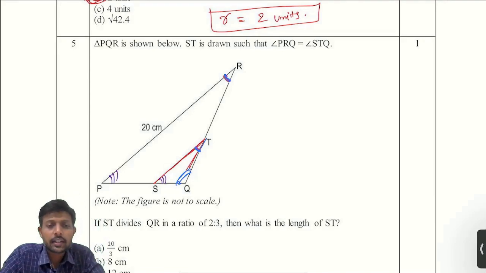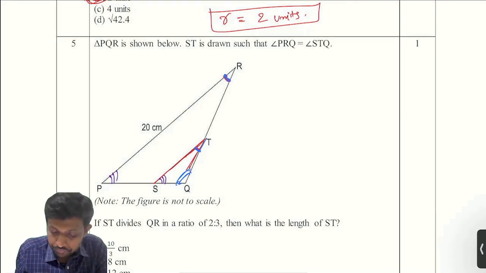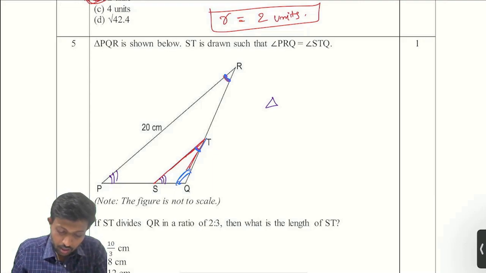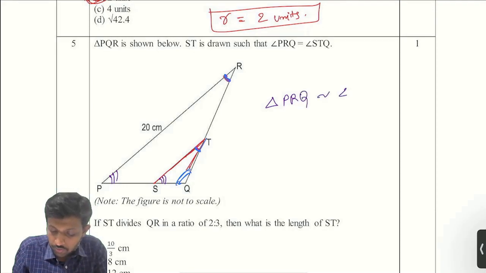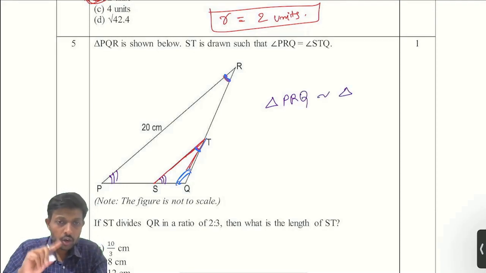If all the three angles of two different triangles are the same, that means you can write triangle PRQ is similar to triangle. Remember the order is important.